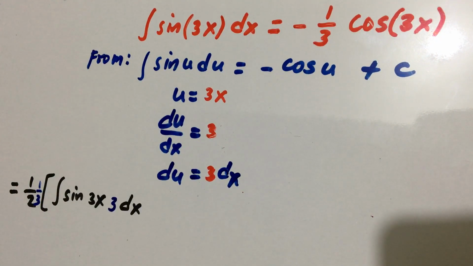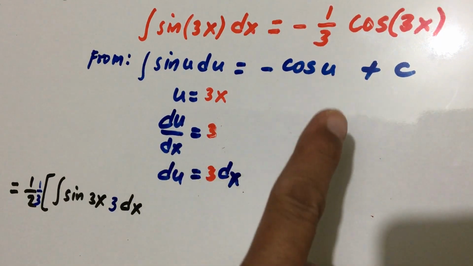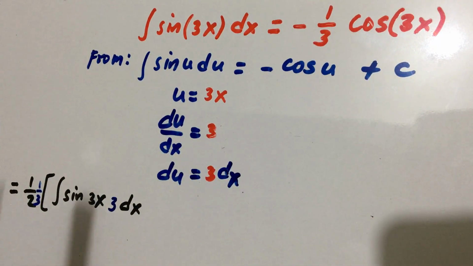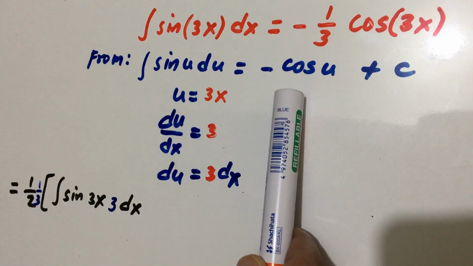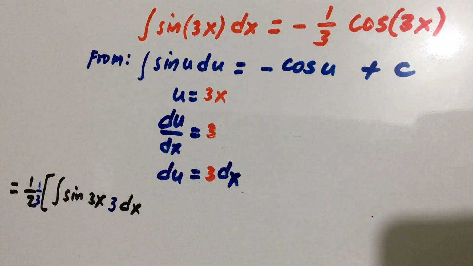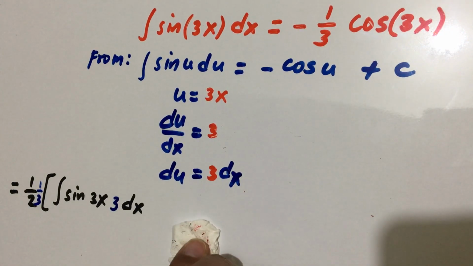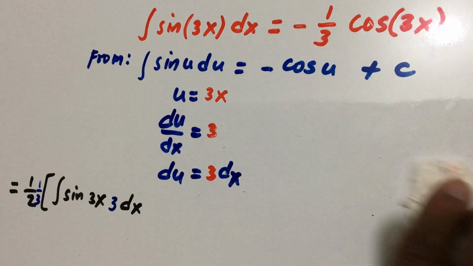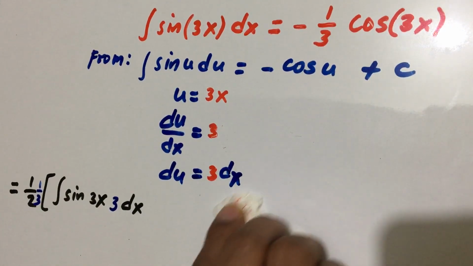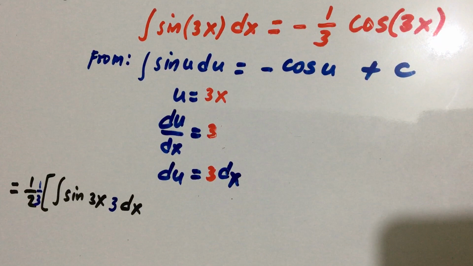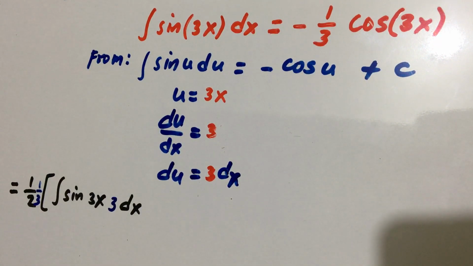Okay, and then you can now integrate it using the formula. This formula, this one. So this should be minus cosine. I think this is very confusing to you, so I think I have to do the substitution method, or we can continue with this one, but you can use the substitution method to make it easier.